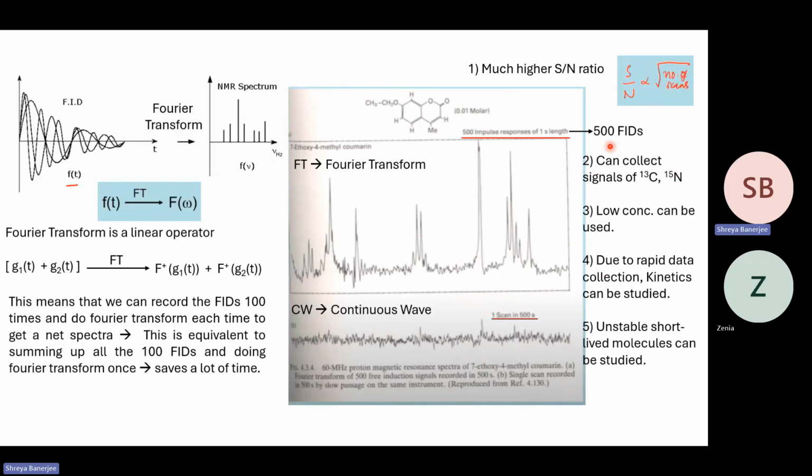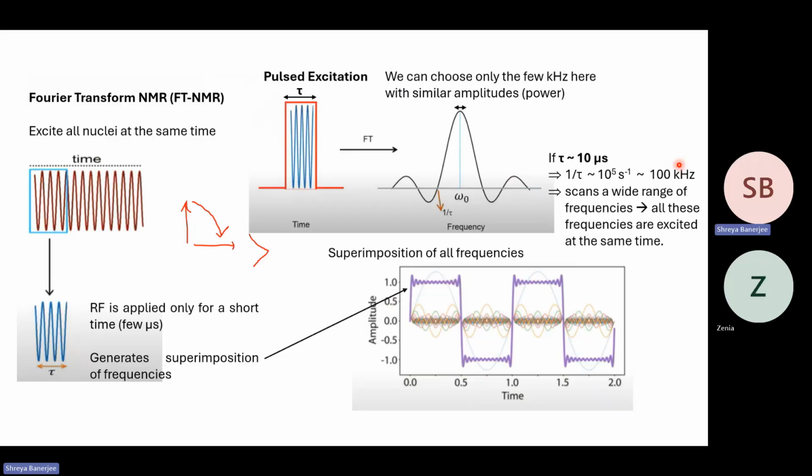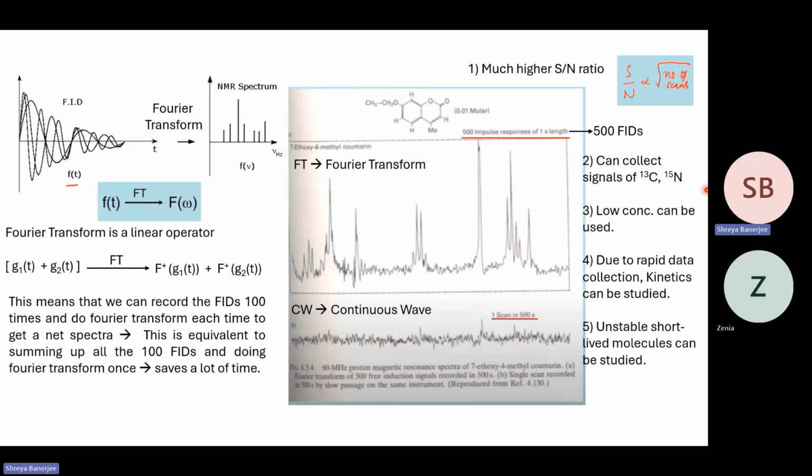And here we are doing 500 scans. So root of 500 will be 10 root 5. So just assume instead of 500, we had 100. Then here to improve by 10 times the signal to noise, you are just needing 1 second. Because 10 microsecond itself is enough to scan a large range of frequency. So here Fourier transform gives much better resolution in the peaks.